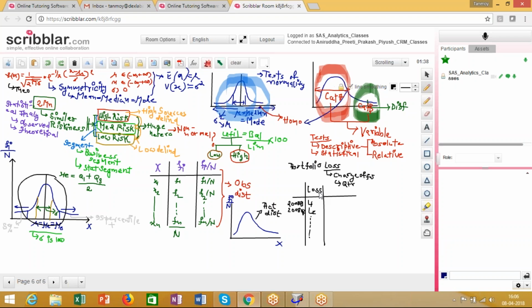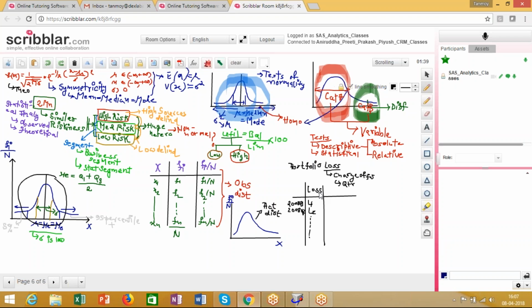If the loss values are more or less symmetrically distributed, it means the business has been operating about its average or mean level, and in the neighborhood of it the loss distributions get generated. So this is what we need to look for.